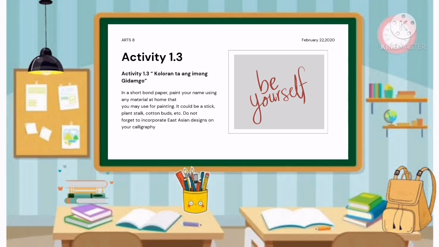It could be a stick, plant stalk, cotton buds, and others. Do not forget to incorporate East Asian designs on your calligraphy. I will give you 10 to 15 minutes for this activity. Do not forget to pause this video while doing this.